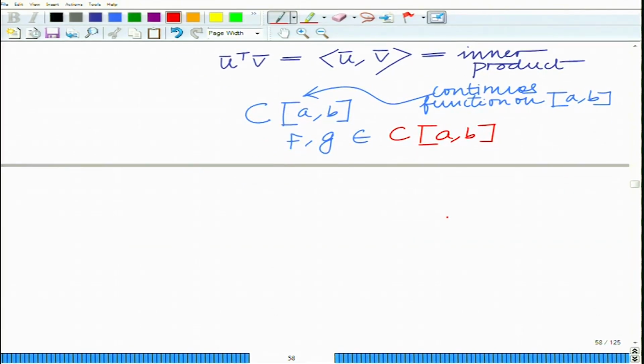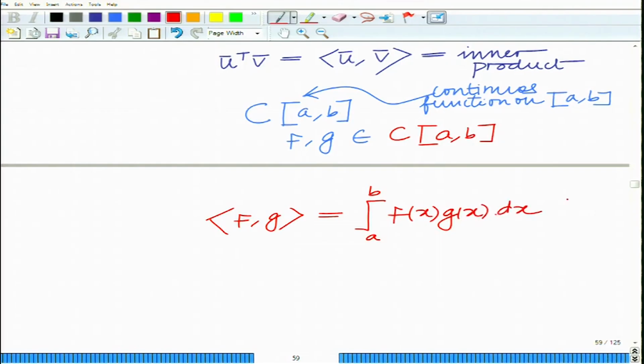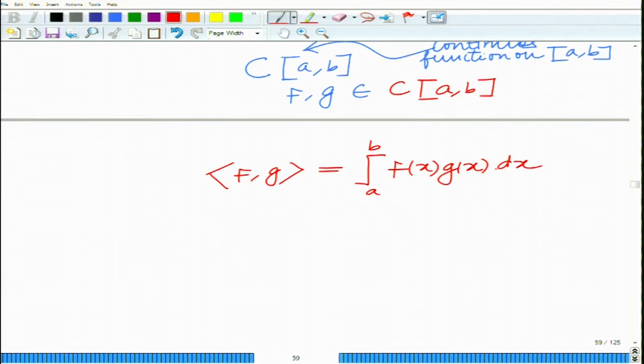Then the assignment defined as the inner product of f and g equals the integral over the interval a comma b of f of x g of x dx. This is an inner product. In fact, this is a very interesting application, and this can now be used to define a norm.